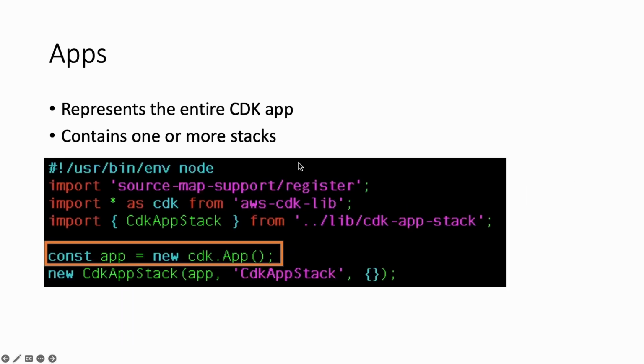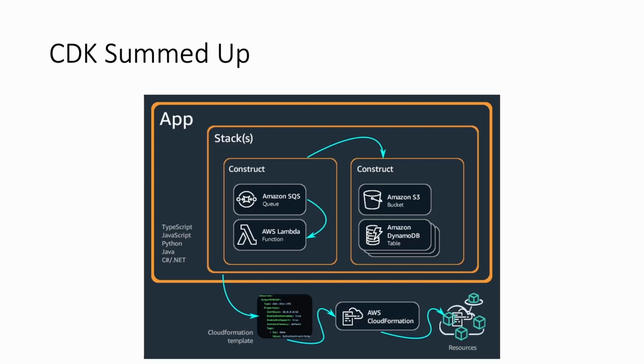A CDK application is what holds everything together, and it represents your entire CDK application. A CDK application is comprised of one or more stacks. So to sum up simply, you have a CDK application at the highest level that is comprised of one or more stacks. Each stack could be comprised of one or more constructs.